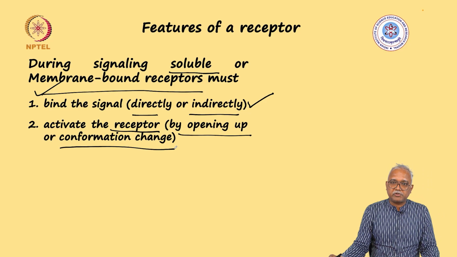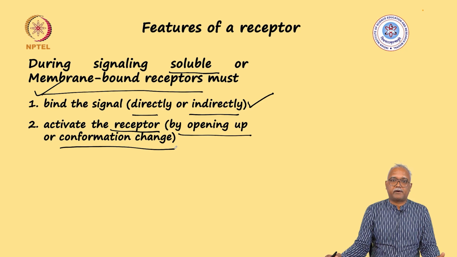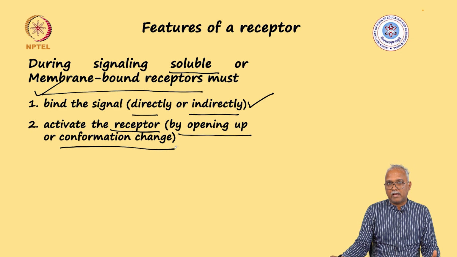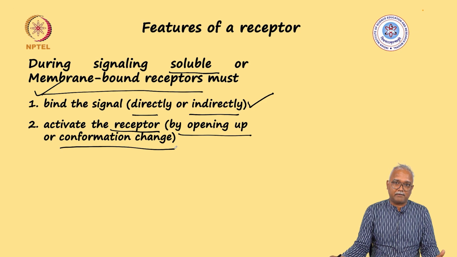When we say conformational change, proteins are arranged in their three-dimensional manner where domains are interacting or put forth to each other in such a way that they are inactive. Once the signal binds, the receptor must undergo a certain conformational change which activates it, which lets the signal go inside.